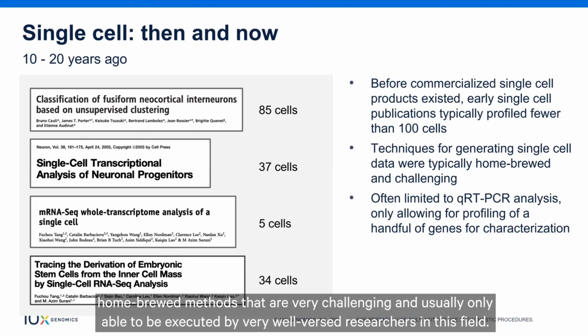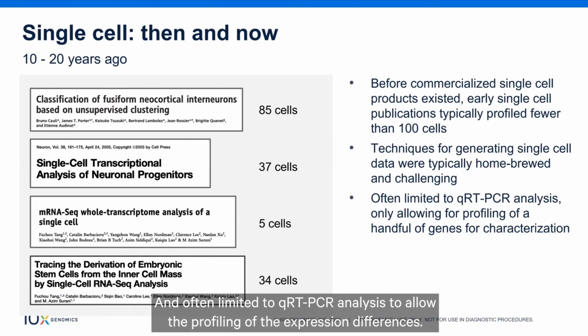They were very challenging and were usually only able to be executed by very well-versed researchers in this field, and often limited to qPCR analysis to allow the profiling of the expression differences.